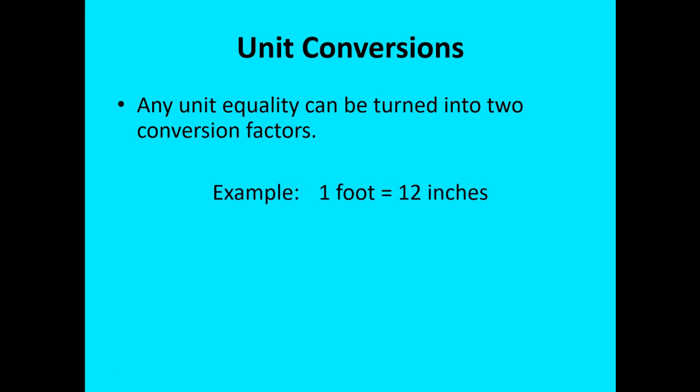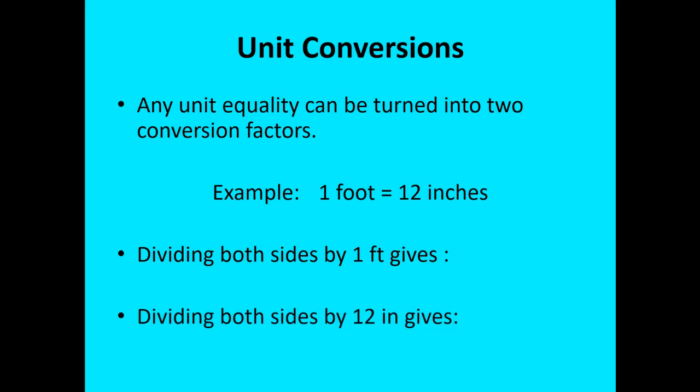Well, if I say that 1 foot is equal to 12 inches, then I can divide both sides of that by 1 foot. When I divide both sides by 1 foot, I get 1 foot divided by 1 foot, which is equal to 1, is equal to 12 inches divided by 1 foot.